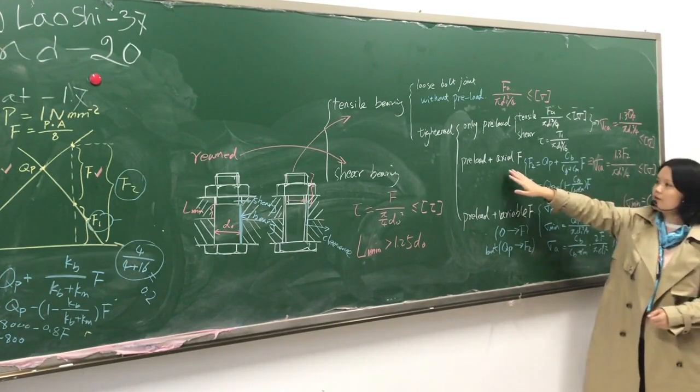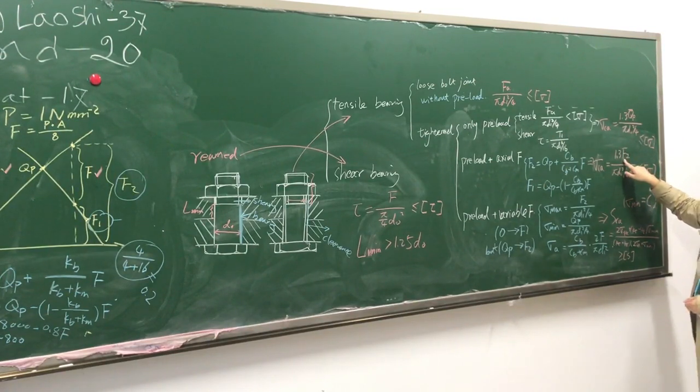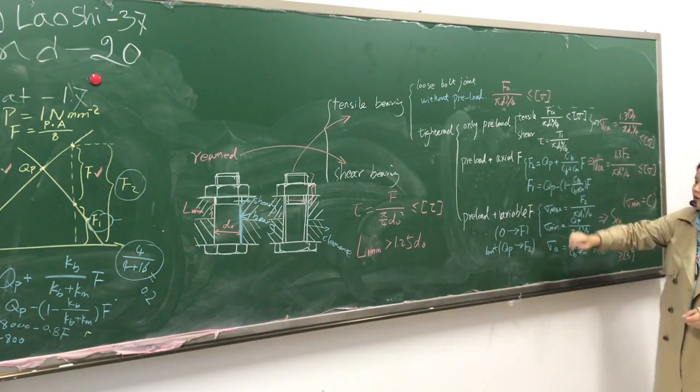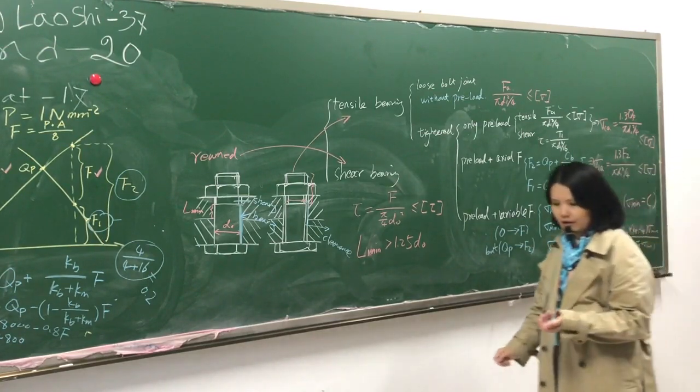And for this, we use this condition, and then the F is F2 for the bolt. The F2 is the resultant force of the bolt, and for this condition we use this. Okay, this is the strength of the bolt.